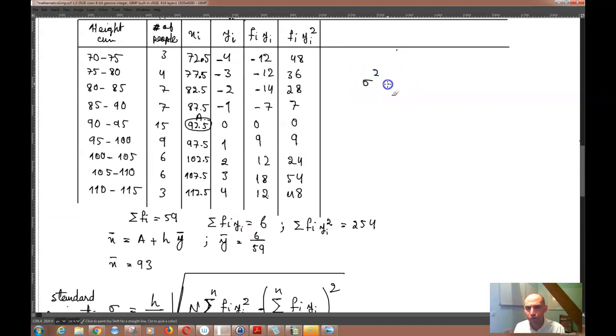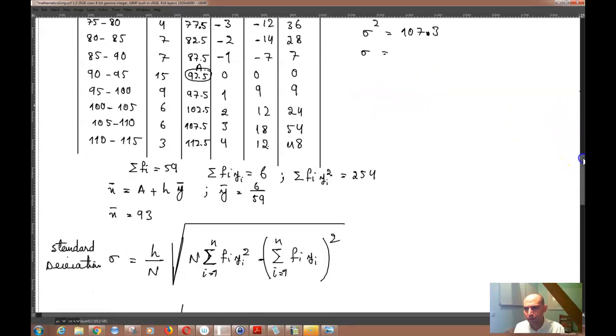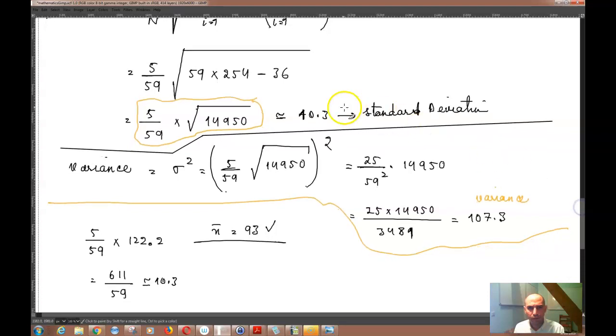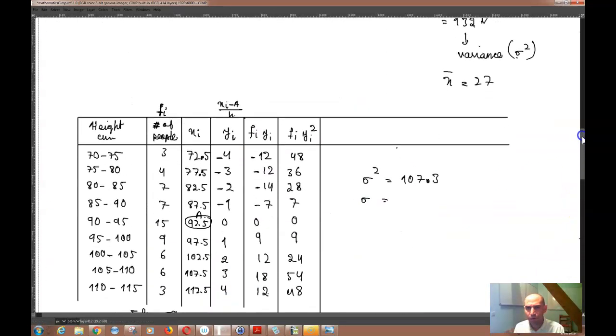Sigma, I got it as basically 10.3, and X bar, I got it as 93, I suppose.